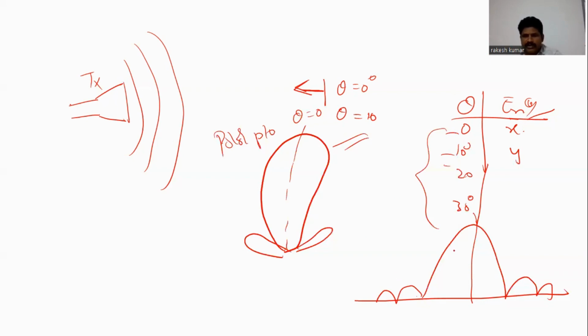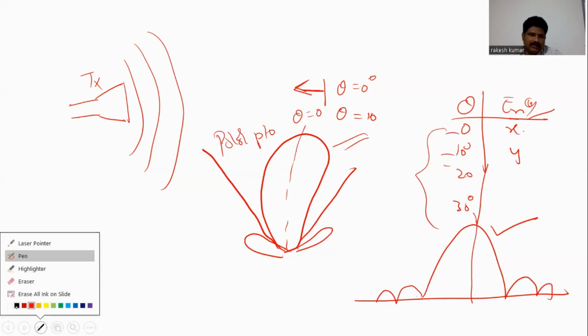Once the radiation pattern is obtained, from this radiation pattern we can calculate many different parameters. What are the simple things you can calculate? You can easily calculate the nulls.